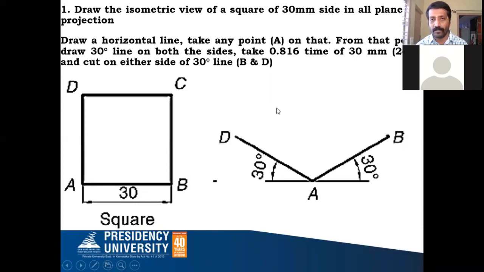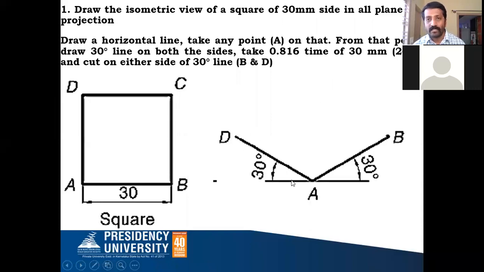This is one method. Or else we can draw a 30-degree line in this direction from point D to some length. Similarly, from point B, you can draw a parallel line to AD, or else draw a 30-degree line from B in this direction.